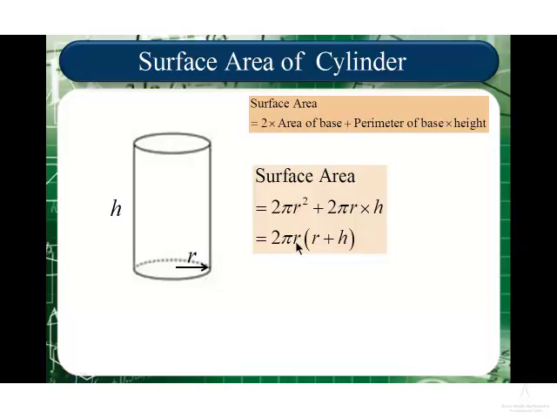Taking 2 pi r as a common factor, we have that it must be multiplied in brackets by r plus h. This gives us the formula for the outer surface area of a cylinder.